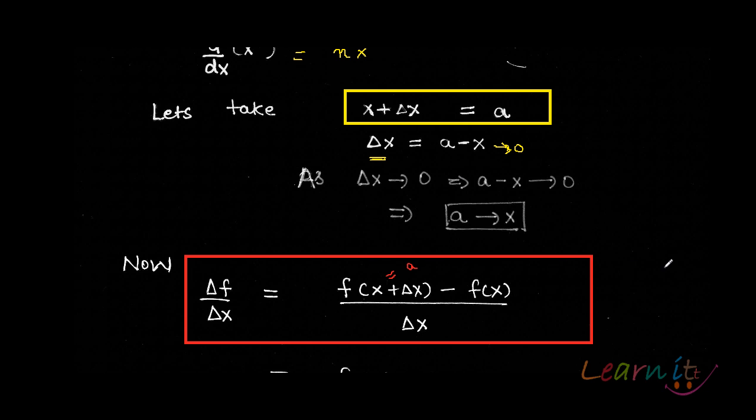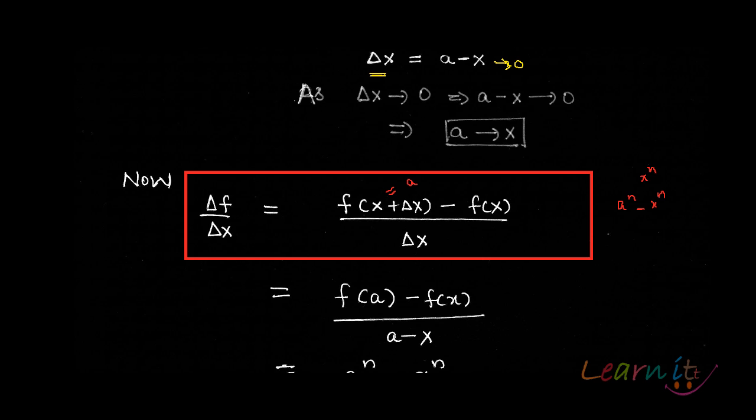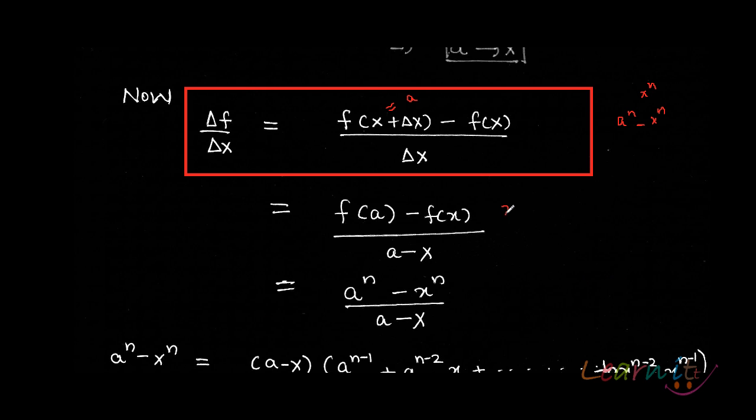So in terms of the function x to the power n, f of a would be a to the power n, and f of x would be x to the power n. So the difference between a to the power n and x to the power n is something that we have to figure out, right? So f of a minus f of x upon a minus x, since change in x is essentially a minus x.